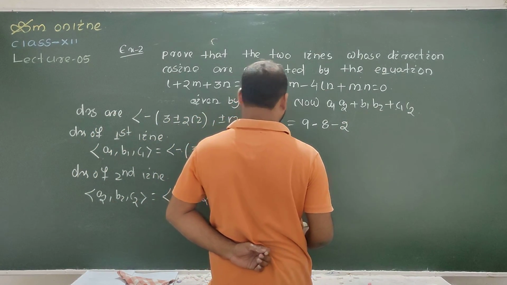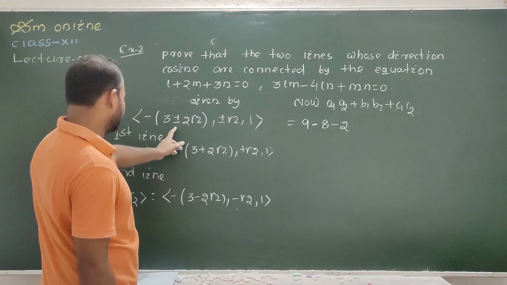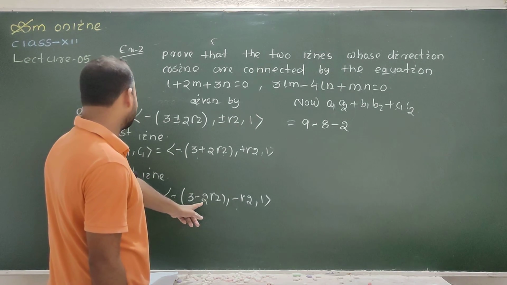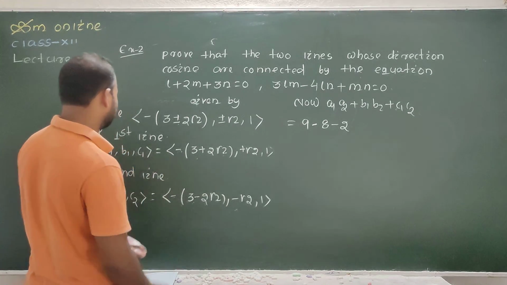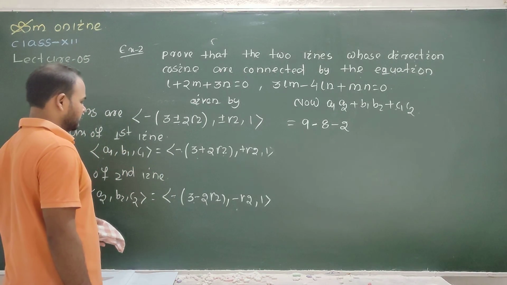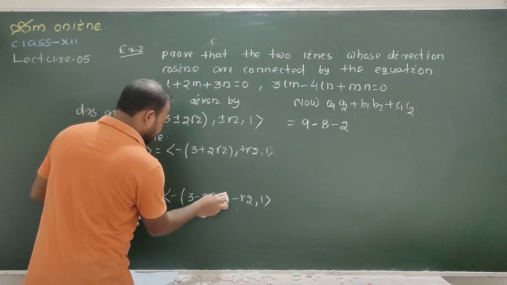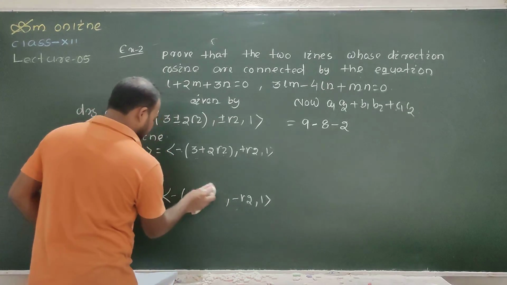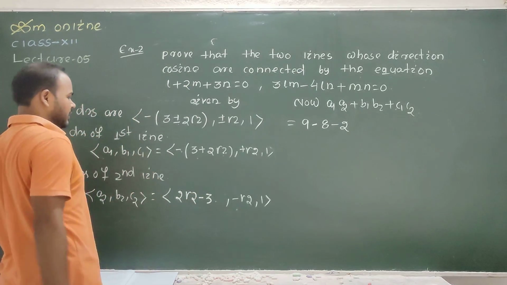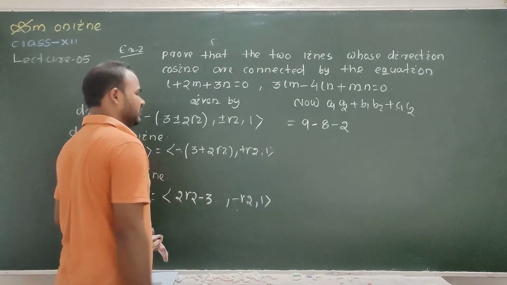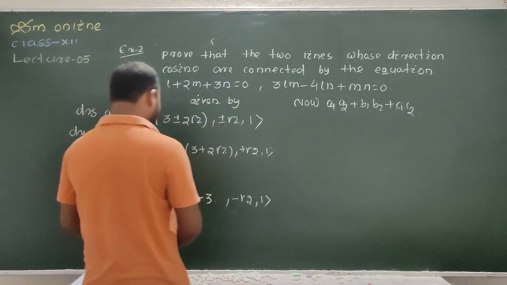And this is 3 minus 2 root 2, I write here 2 root 2 minus 3. And this is minus root 2.